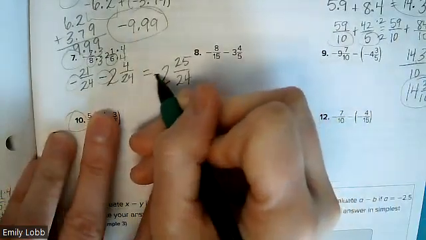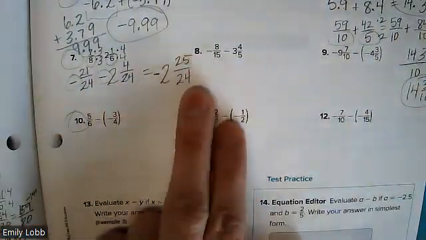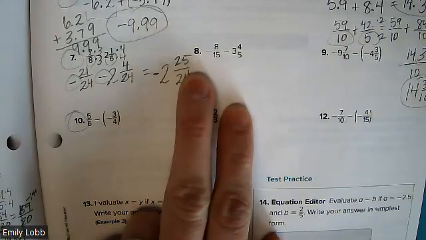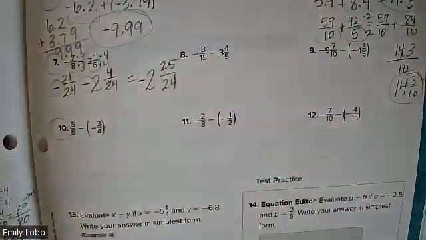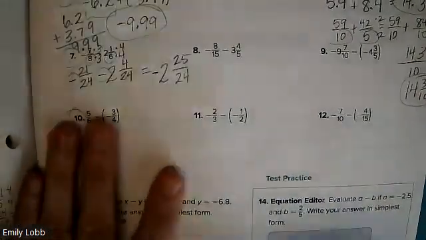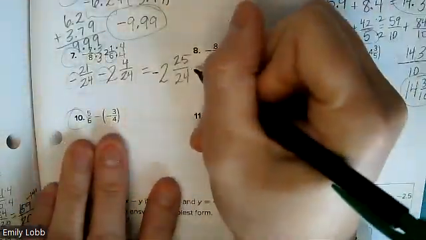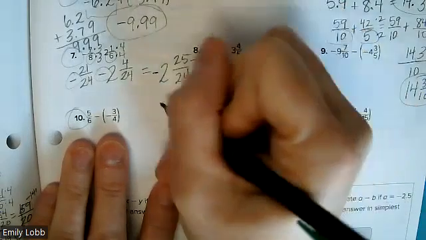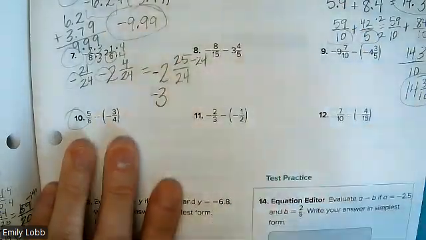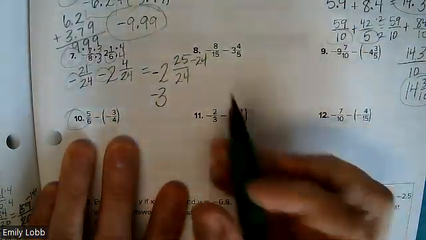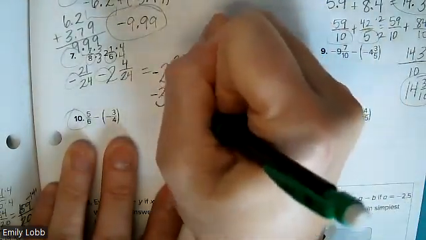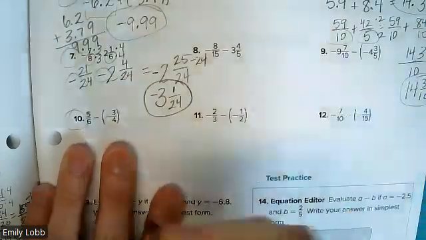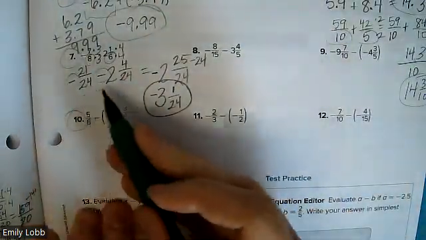And this is more negative. Now this is an improper fraction. How many 24 pieces can I take out of 25? Can I take out all 24? So that would be a whole. So I have one more whole. And what's 25 minus 24? Just 1 remaining out of the 24. You can also change these to improper fractions.